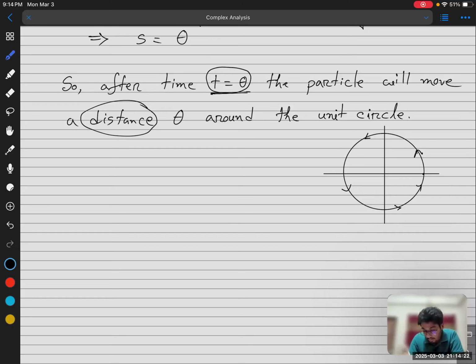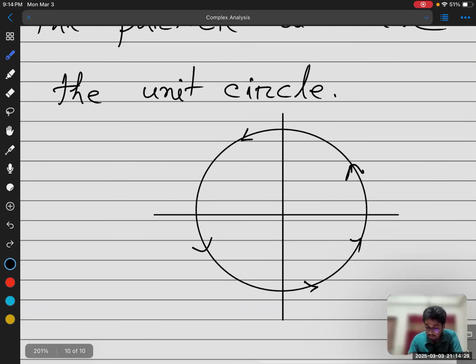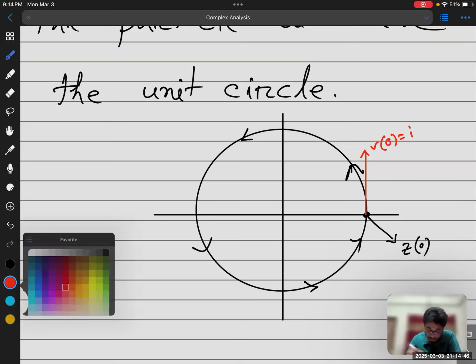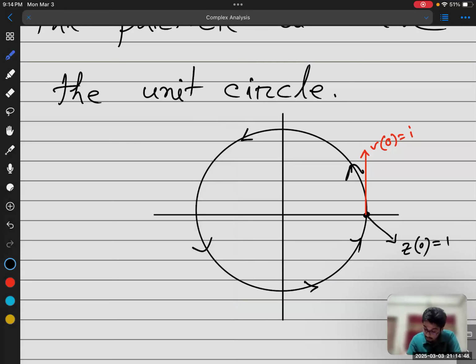This is our initial position, z(0), and our velocity vector will be something like this. So v(0) is equal to i, and z(0) is equal to 1. Let's say this is after time t.